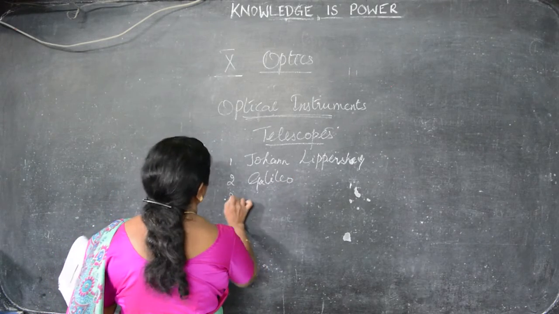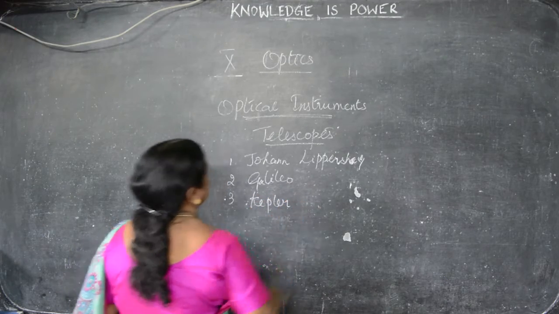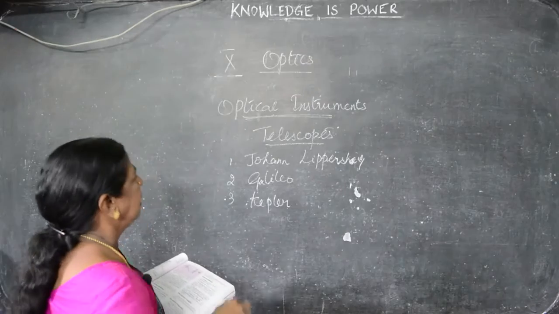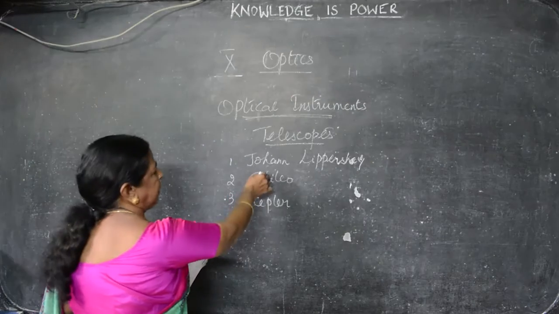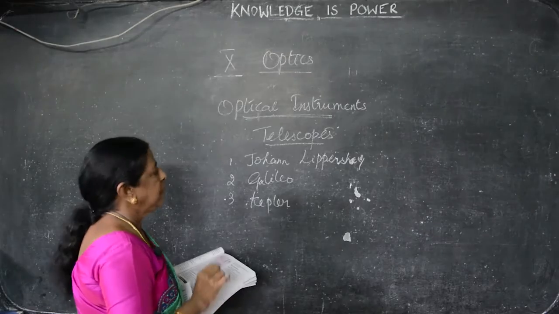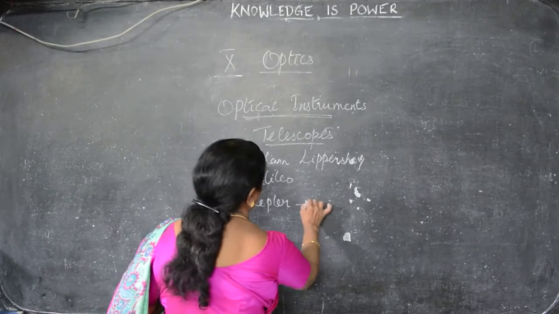And finally, Kepler. The first telescope idea was given by Johann Lippershey, and then Galileo came forward and developed it, and Kepler gave a clear image of the telescope. So nowadays we are using Kepler's only.